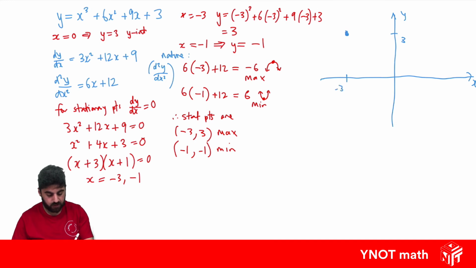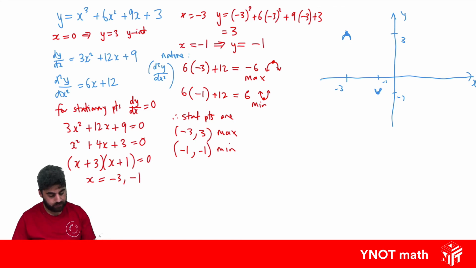And we have a minimum turning point at minus 1, minus 1, here. So we know we've got a minimum turning point and a maximum turning point, and we have enough information to do our graph now. But we're just going to go ahead and find the point of inflection as well.